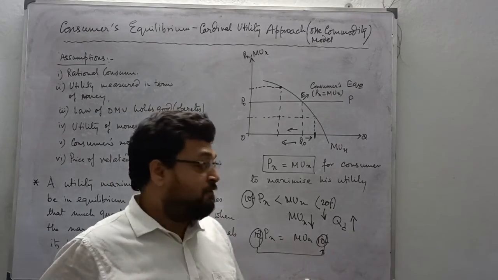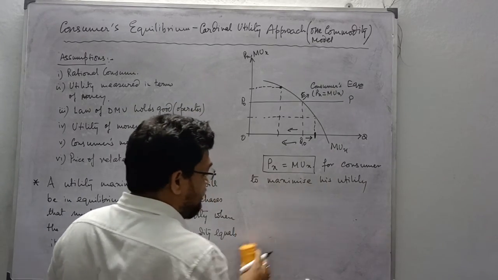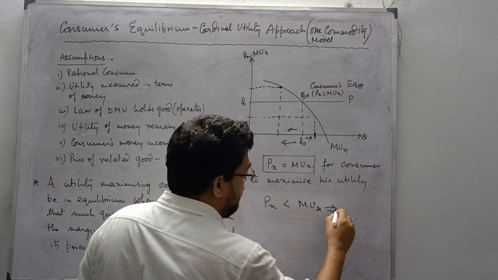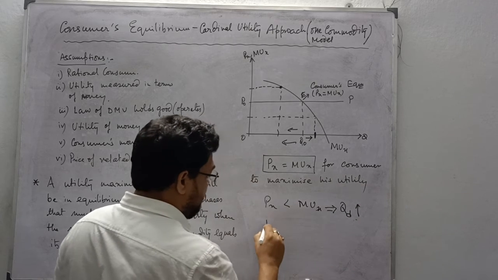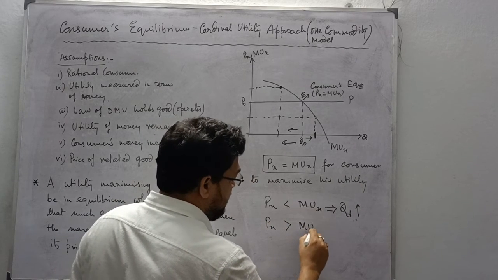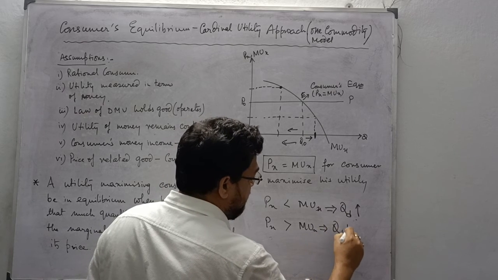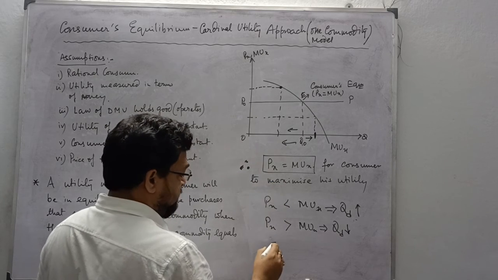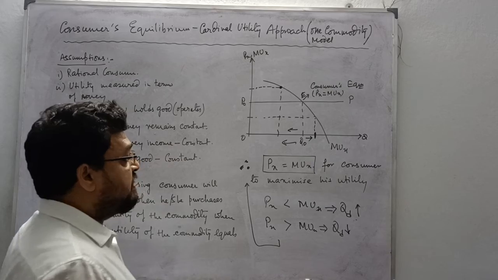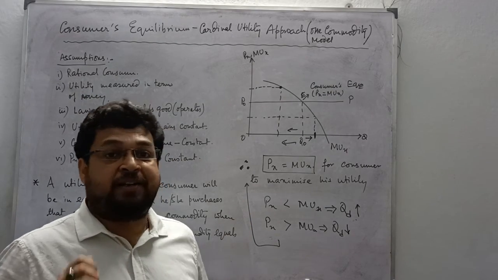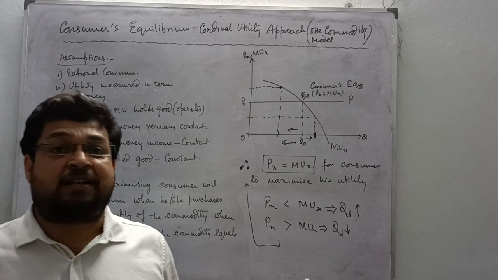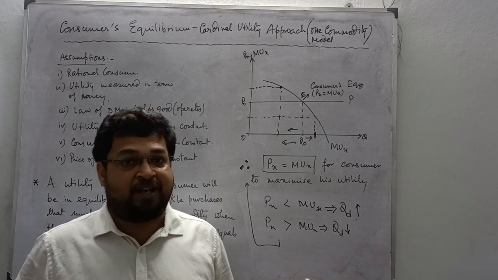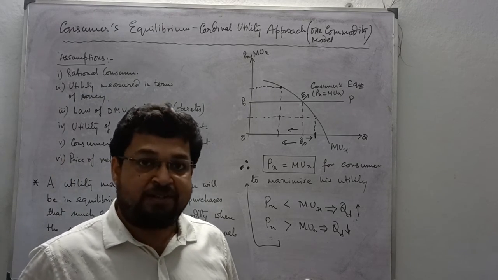So if price is less than marginal utility, quantity demanded will rise, and if price is greater than marginal utility, quantity demanded will fall. And therefore, you see here, price equal to marginal utility is the condition for the consumer to be in equilibrium in a one commodity case, and his equilibrium is said to be attained when he maximizes his utility.